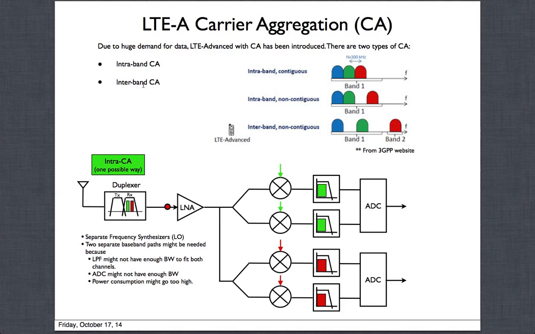Okay, so with those goals, this whole thing was developed, and along those lines, you have these intraband and interband type carrier aggregation scenarios. So hopefully I have not confused you too much, but please feel free to look up. There's a lot of literature on the subject to get more information.